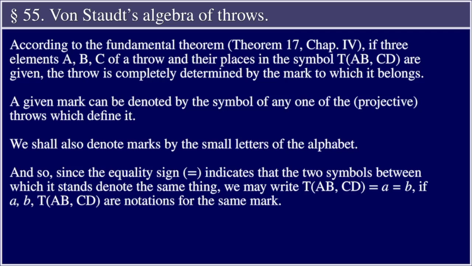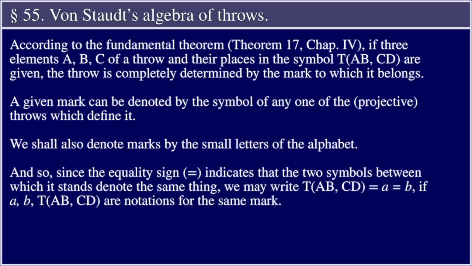According to the fundamental theorem, Theorem 17 of Chapter 4, if three elements A, B, C of a throw and their places in the symbol T(AB, CD) are given, the throw is completely determined by the mark to which it belongs. A given mark can be denoted by the symbol of any one of the projective throws which define it.